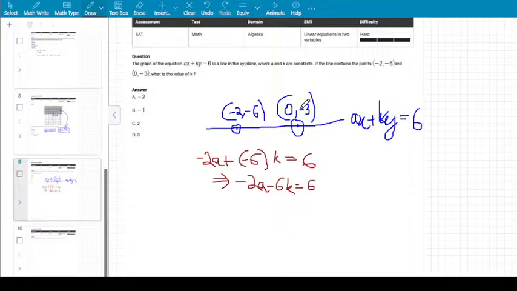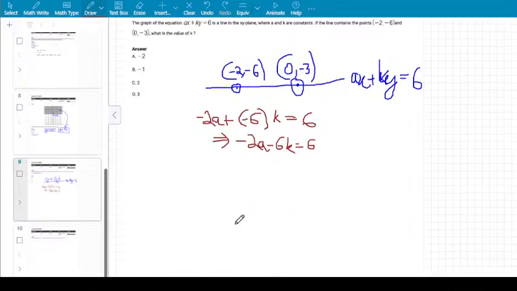Then similarly for the second point, if we put these coordinates in the equation of the line, we'll get 0 into a, which is 0, plus k into y, which is minus 3, so it will be minus 3k is equal to 6.